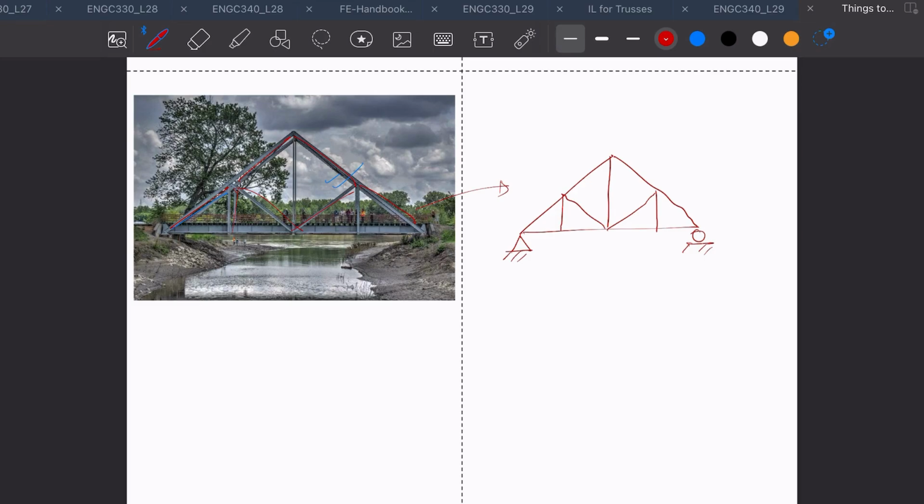Okay, good. I have drawn the truss structure. Now I want to analyze and find what are the member forces of the truss under the given load. Let's say that the load is applied here.